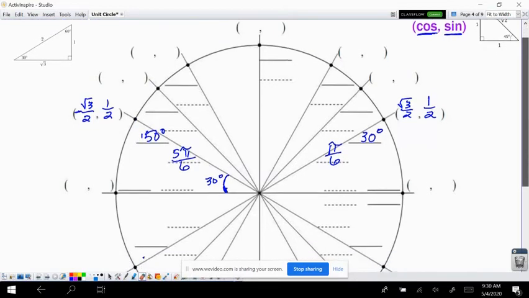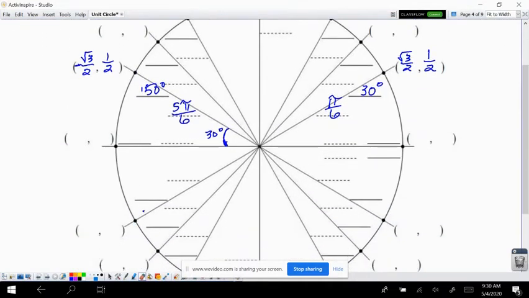Again, looking for our 30-degree reference angles, our next one is going to be in the third quadrant. I'll write this one in the right spot this time, which would be right here, a 30-degree reference angle. So that's 180 plus another 30 degrees, which would take us to 210. 210 divides by 30 7 times.